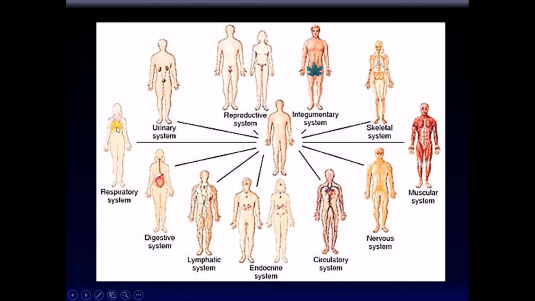There's the respiratory system, the lungs, the urinary system, which is the kidneys and the bladder, the male and female reproductive systems, the integumentary system, which is the skin, the skeletal system, the muscular system, the nervous system, the brain, spinal cord, and all the nerves, the circulatory system, the endocrine system, glands that produce hormones such as insulin, etc., the lymphatic system, and the awesome digestive system. So these are some of the systems that we shall highlight in our studies.